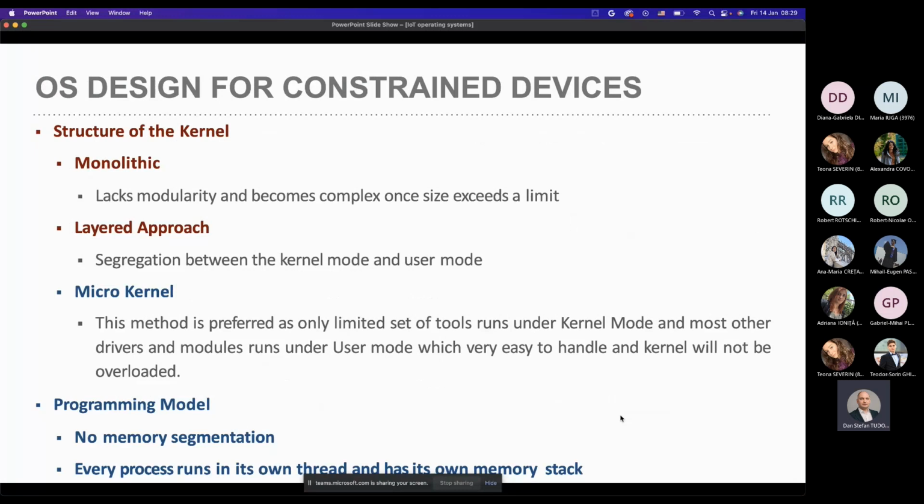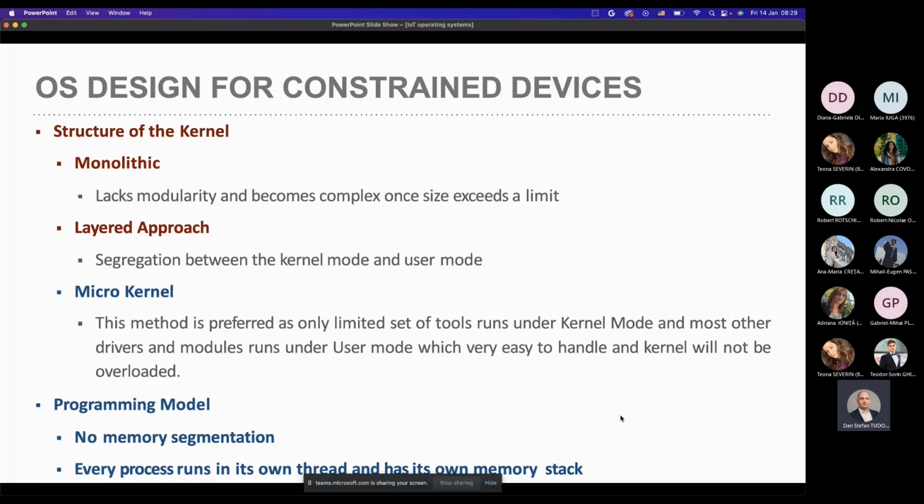Now, when we are designing such operating systems for these very constrained devices, we're going to have some particularities. And these particularities are actually dictated by different kernel structures. So for example, you can have a very monolithic kernel structure. You don't have modularity, but this one becomes very complex once you exceed a certain limit in the OS size.